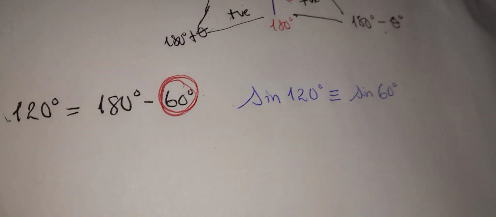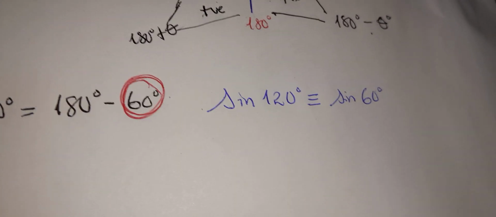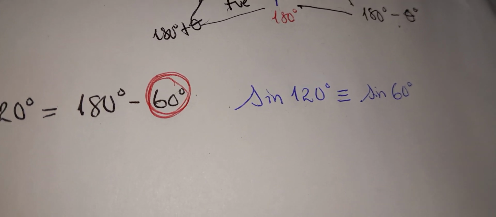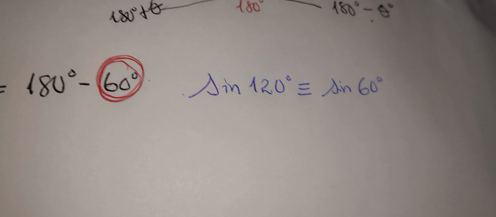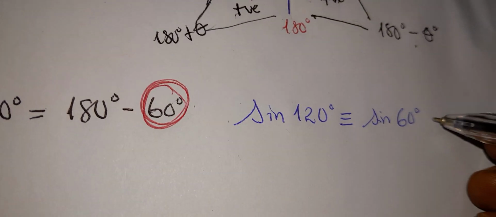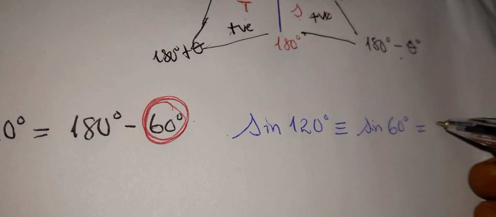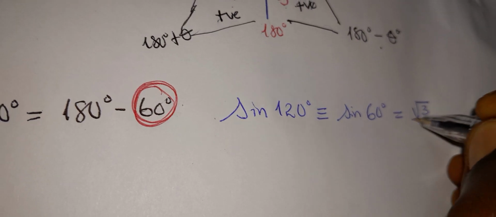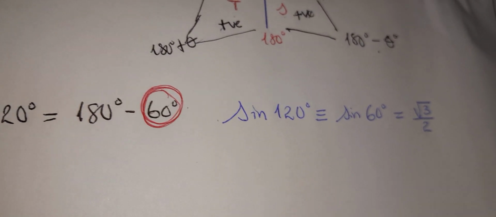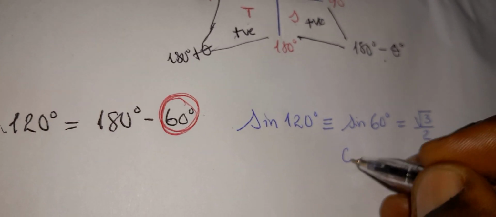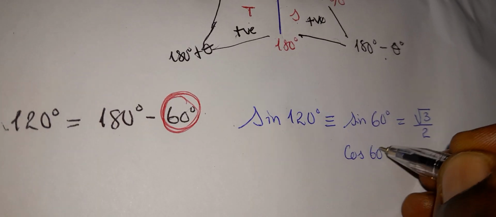Are you with me? So if you ask what is sine 120, you just know that it's the same thing as sine 60 degree. And from what we've done in the previous video, sine 60 degree is root 3 over 2. So the question is, what is cos 60 degree?